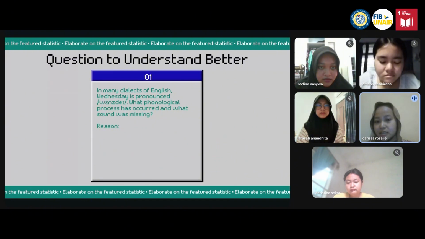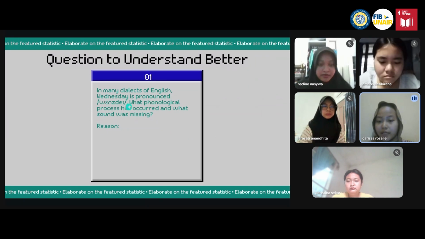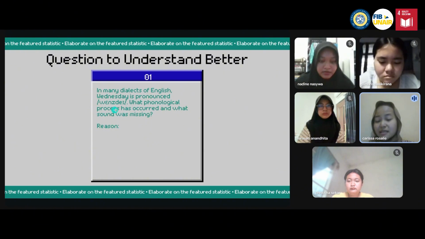To understand this better, we can see that in many dialects of English, Wednesday is pronounced as Wenzday. What phonological process has occurred and what sound was missing? So we can see they already write how to pronounce the sounds here.